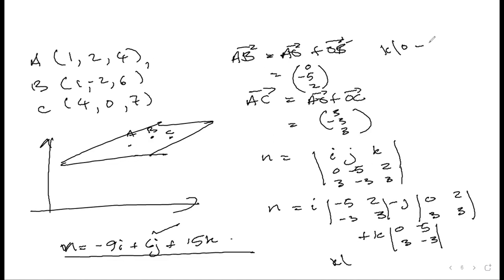Minus 5, 3: -5 times 3 is -15. Because you're subtracting a negative 15, it becomes a positive 15. Remember, just leave the 0 alone. All right, we're not going to do anything more. You can go to the next page.